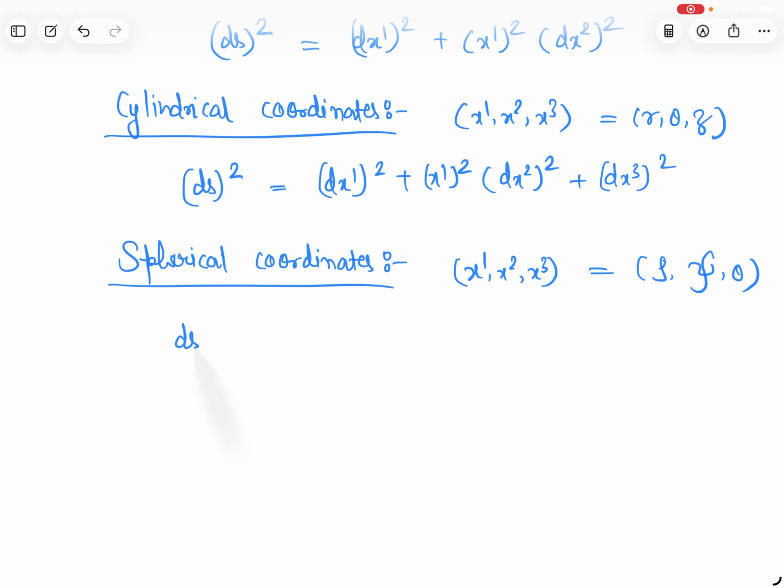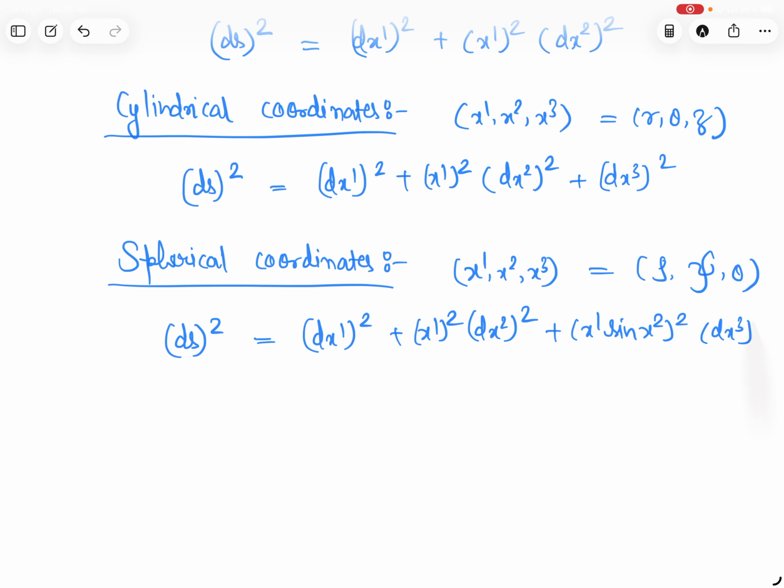What is ds square equal to? dx1 square, plus x1 square dx2 square, plus x1 sin x2 dx3.